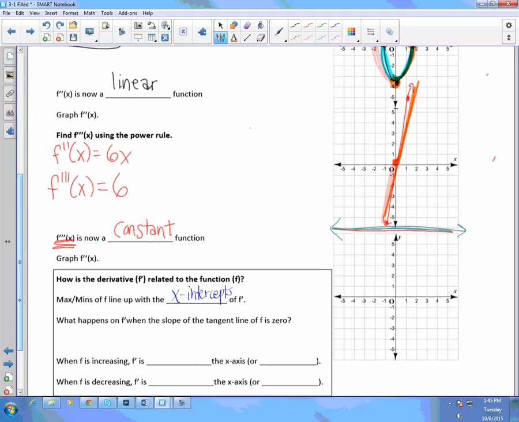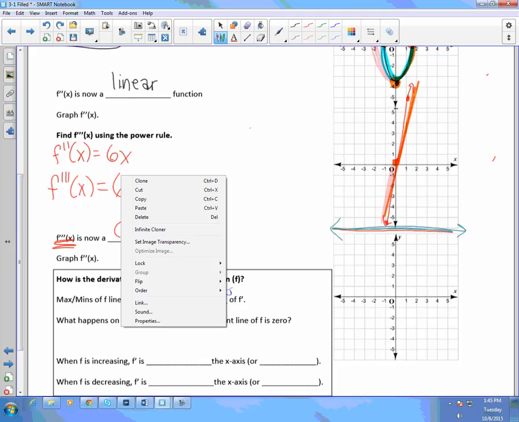What happens on f prime when the slope of the tangent line of f is 0? That's exactly what it is. I can put f prime. So the slope of the tangent line is 0 on f. The derivative has those x-intercepts again.